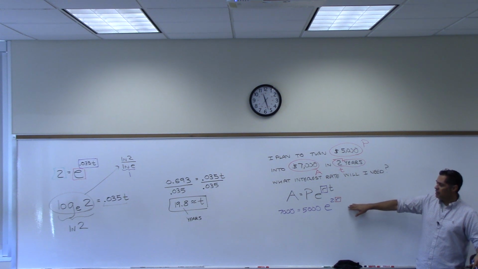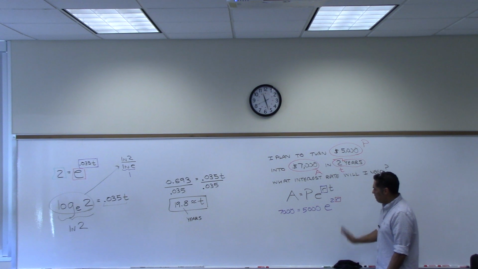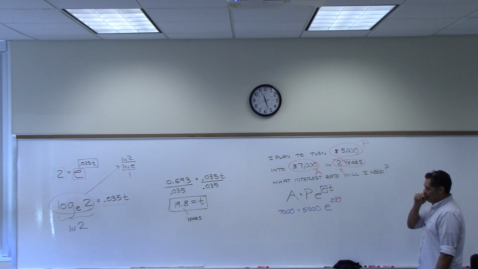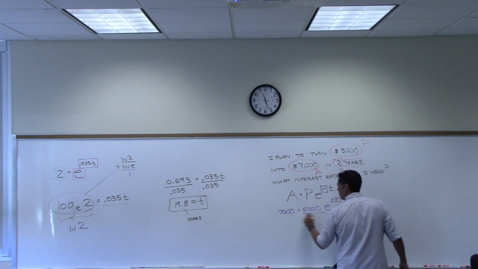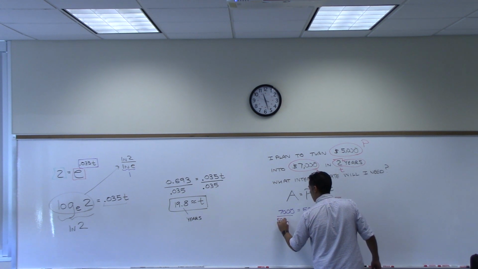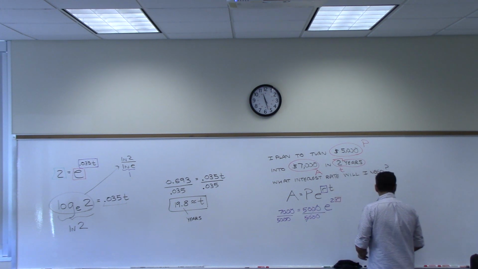Filling out the formula. Now, before you start using the conversion, there's one more step you have to do. What is it? Divide the 5,000 out on both sides. Must do that step first. They go away.